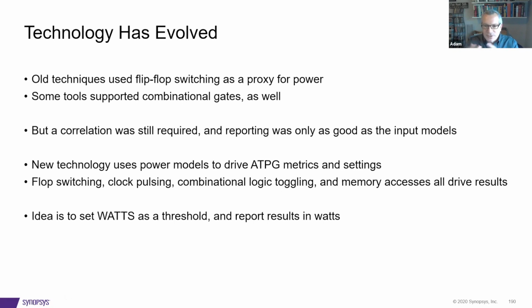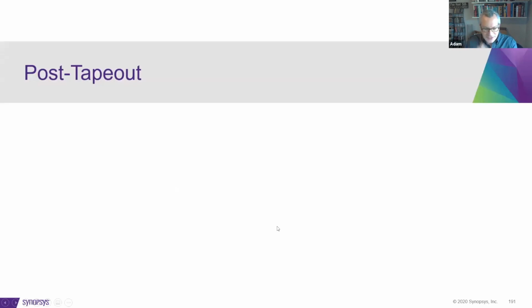And then also, if we have the information, using the power rail data as well to help us analyze what's going on there. So the idea is to set watts as your threshold, not switching activity, but actual watts, and then you can report in watts. So that's some interesting technology.